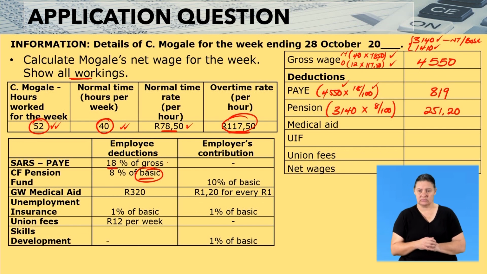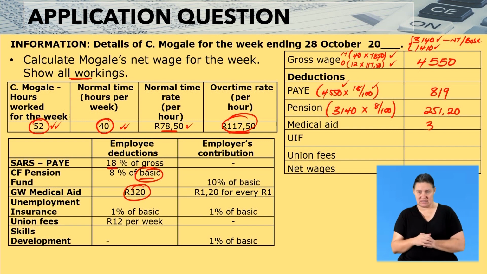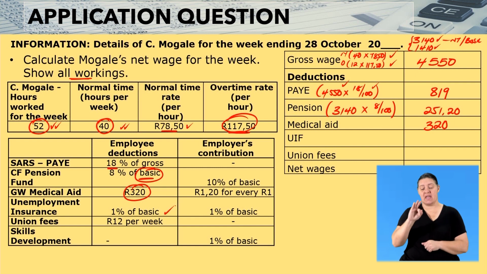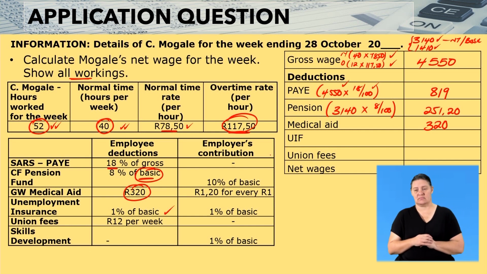Let's move on to medical aid. Medical aid is given already, 320 Rands. So here, there were no calculations. The next one is UIF, 1% of basic.